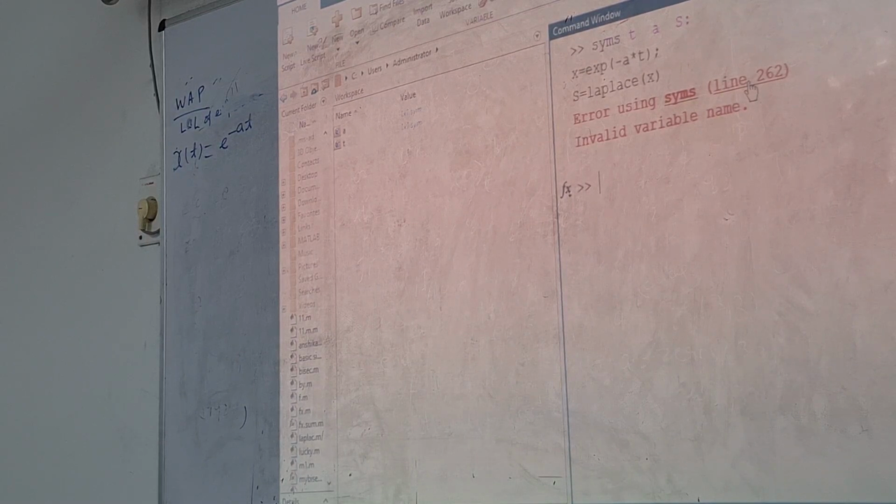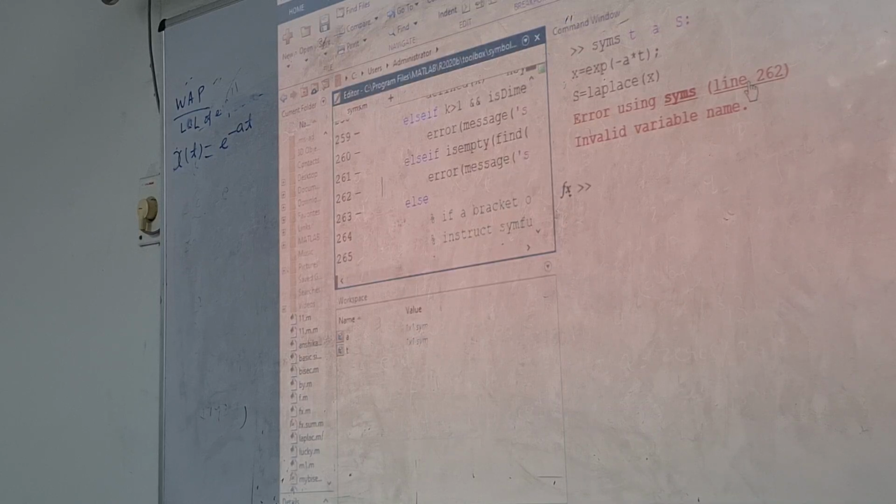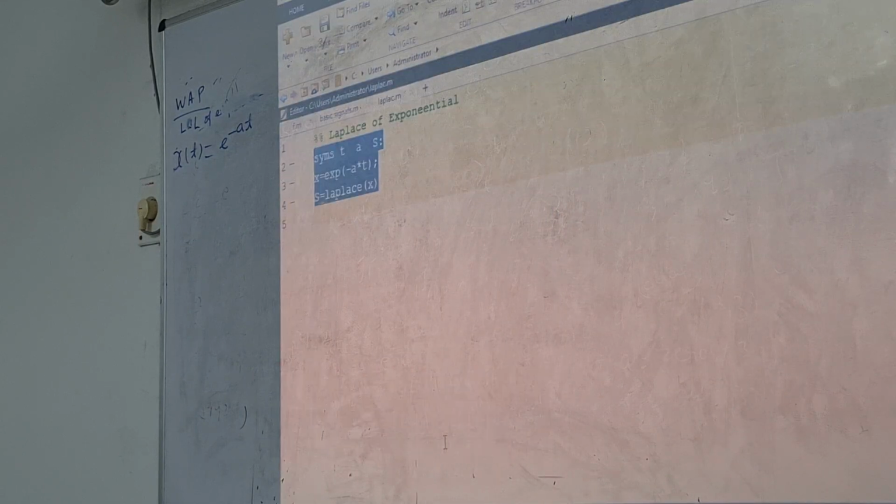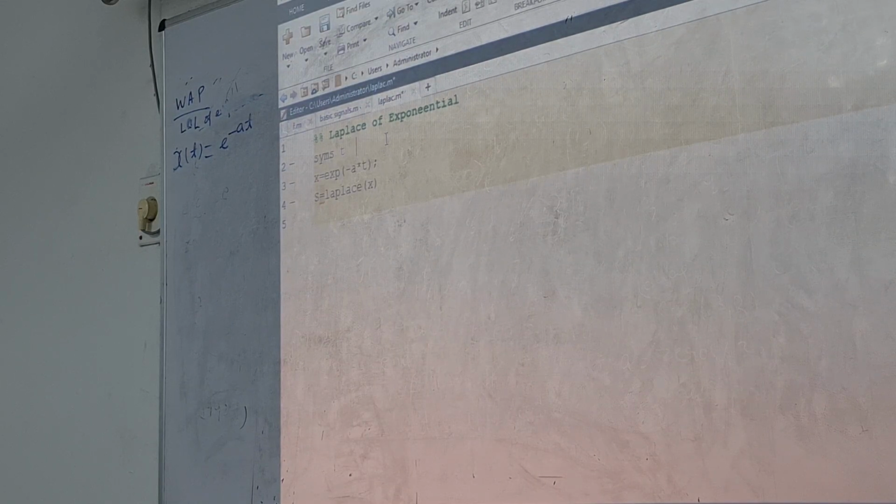Laplace of x. There is some syntax error. Then try once again and debug the error. SYMS t, here the syntax is missing.